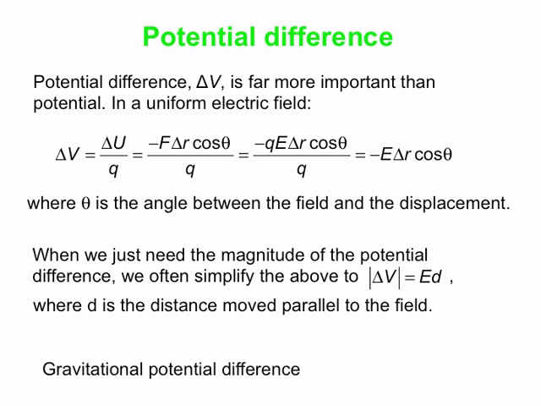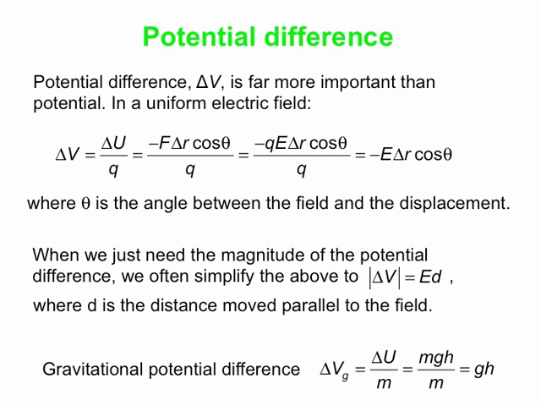Now we could have done this last semester and talked about gravitational potential difference. We never did, but we can go back and define it. The change in gravitational potential difference is the change in gravitational potential energy, mgh, divided by the mass, and then the masses cancel out, and you just get gh.